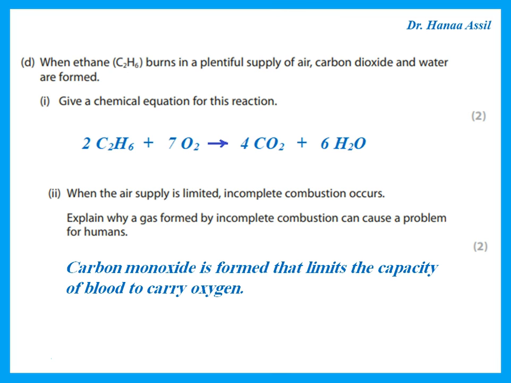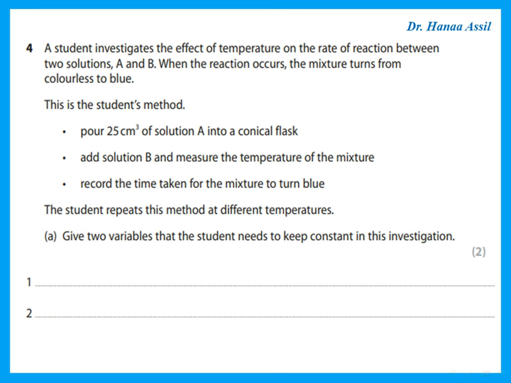Carbon monoxide is formed, and this limits the capacity of blood to carry oxygen, so less oxygen is carried to body cells, and the cells cannot do respiration. So we say carbon monoxide is toxic. Why is it toxic? Because it limits the capacity of blood to carry oxygen.